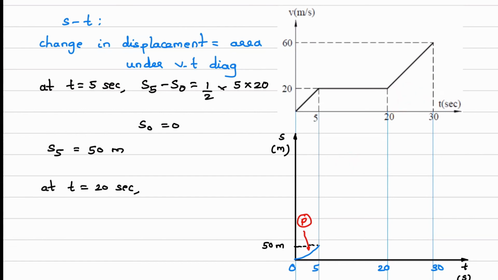So we will write down S20 minus S5 is equal to 20 multiplied by 15. And S5 value we have already calculated. So S20 is equal to 350 meter. So 350 meter means it will be somewhere over here.